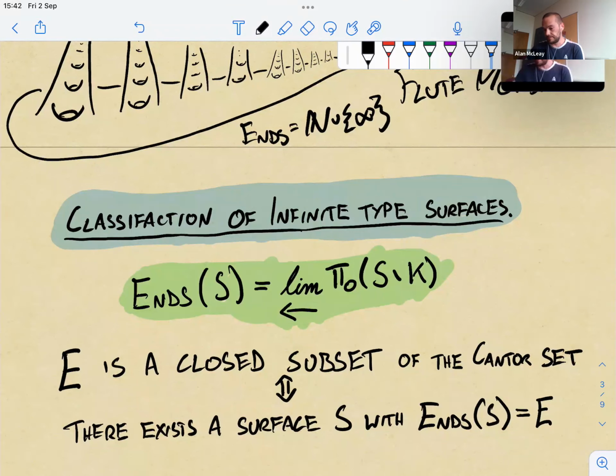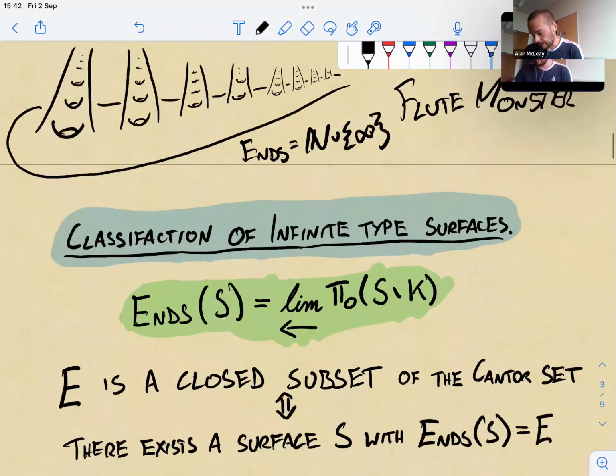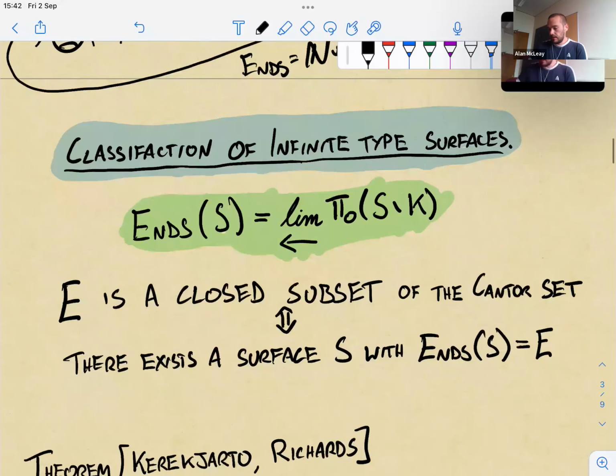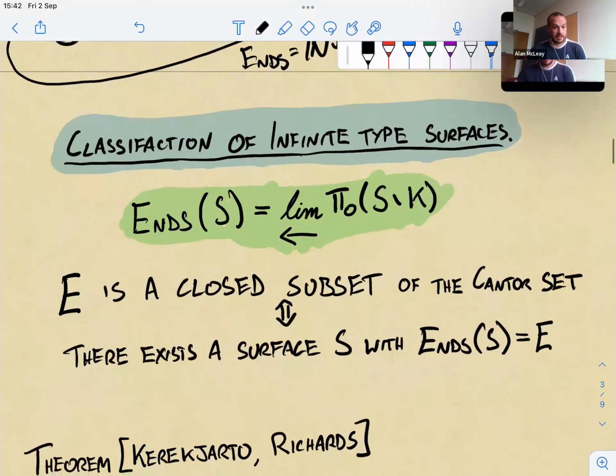Yeah, okay. And so in general, E is a closed subset of the Cantor set, or the Cantor set itself. And for every single one of these, there exists a surface where this closed subset is the end space.